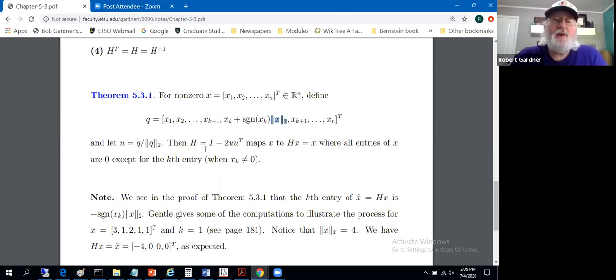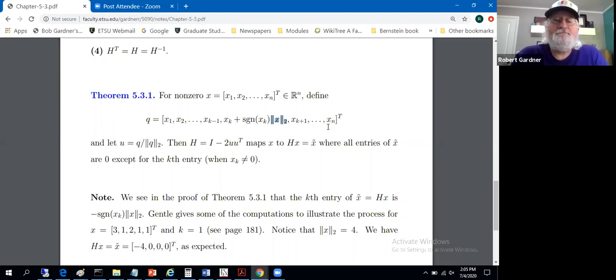Then if we consider H equals I minus 2 u u transpose, this maps x to H of x, which we denote as x tilde, where all the entries of x tilde are 0 except the kth entry, provided x sub k is non-zero. So when we apply H to x, we'll get 0, 0, 0, 0, a non-zero entry in the kth entry, 0, 0, 0, 0.